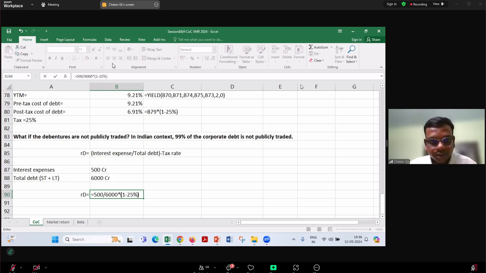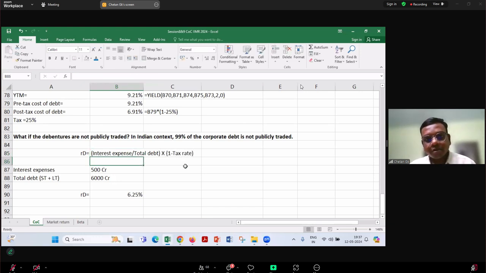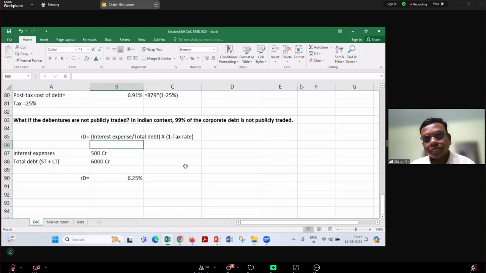I can change this equation as well if it is confusing. 1 minus tax rate means I am reducing the tax rate, right? So I'll just change this to multiplied by 1 minus tax. Is it fine? It is a very simple calculation.